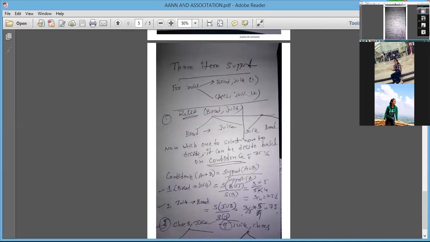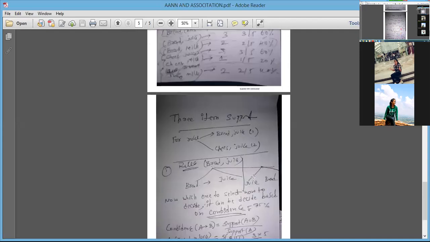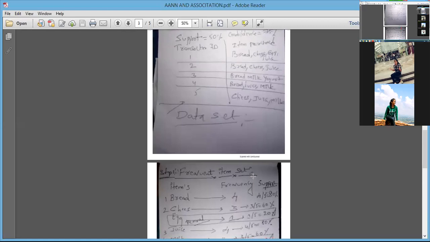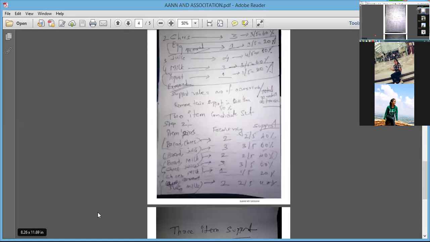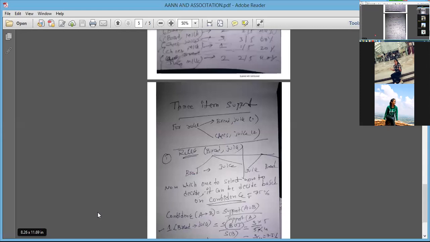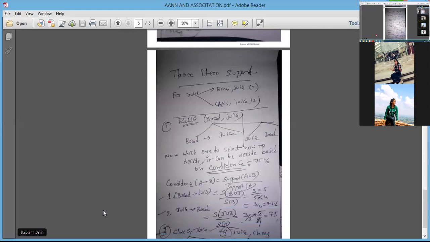And what is the support of A now? What is the support of bread? Bread appeared how many times? One, two, three, four, out of how many transactions? 5. So 4 divided by 5. Now it's simple mathematics: 3 divided by 5 into 4 divided by 5.